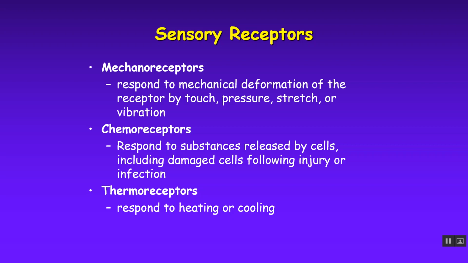Those chemoreceptors have ligand-gated sodium channels on them, because the ligand is whatever chemical falls on that particular receptor. Okay. And then thermoreceptors respond to heating or cooling, hot, cold, and those have modality-gated channels.